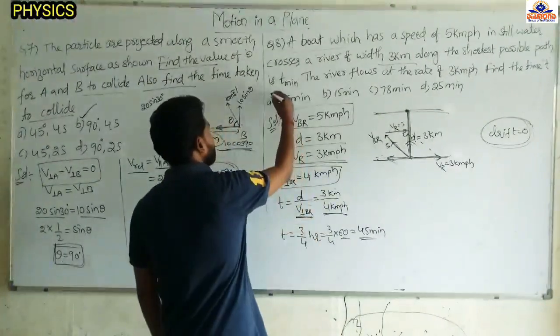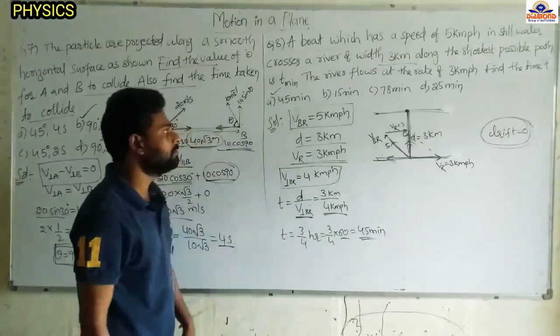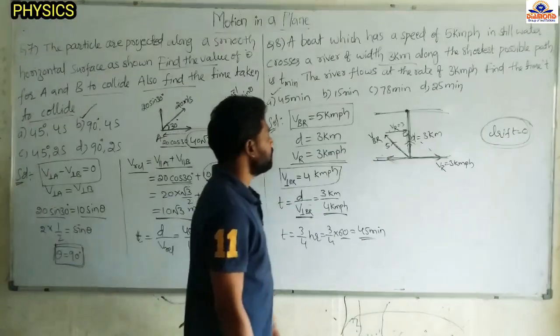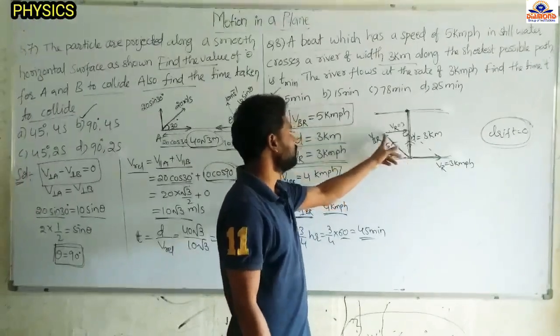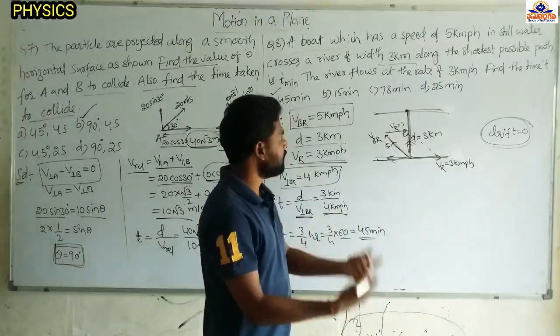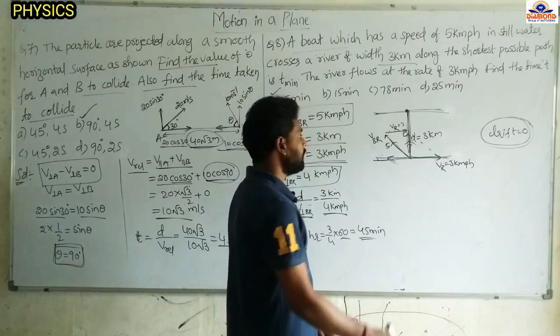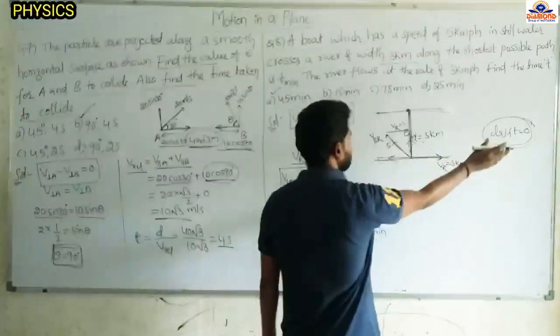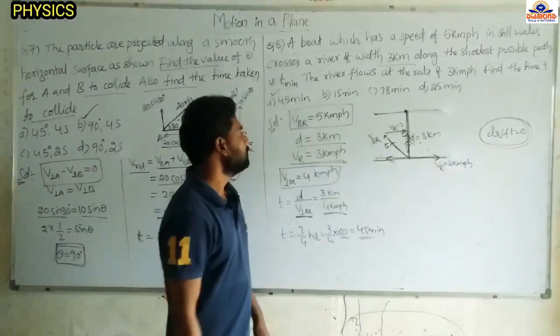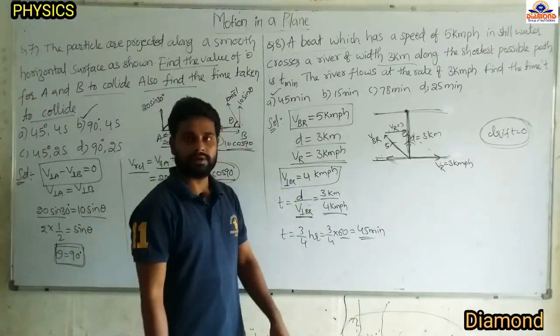It will take 45 minutes to cross the river. Just remember, shortest possible path means drift equal to 0, and it has to move in this direction. If they ask for the shortest time, it has to go straight, perpendicular to the river's flow. So two cases you have to remember.